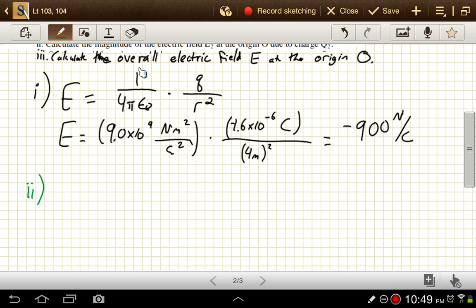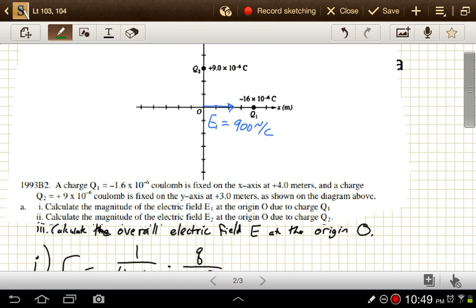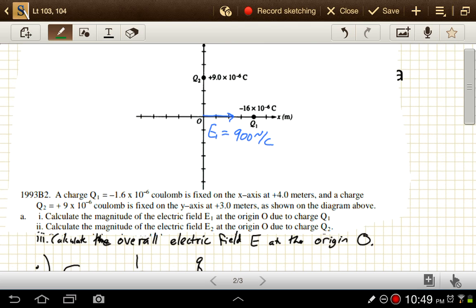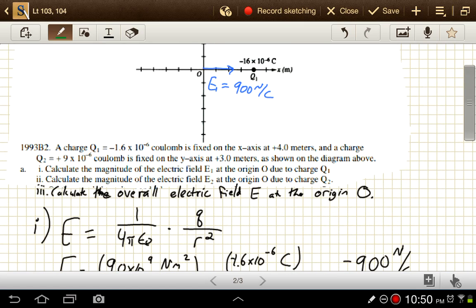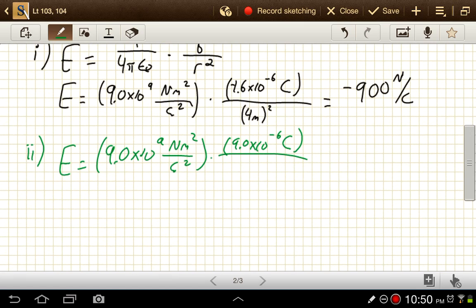So same equation. So E is going to be equal to 9.0 times 10 to the 9th newton meters squared per coulomb squared times the charge of the second one here. That's 9.0 times 10 to the negative 6th coulombs. Divided by our distance, which is 3 meters, and that gets squared.